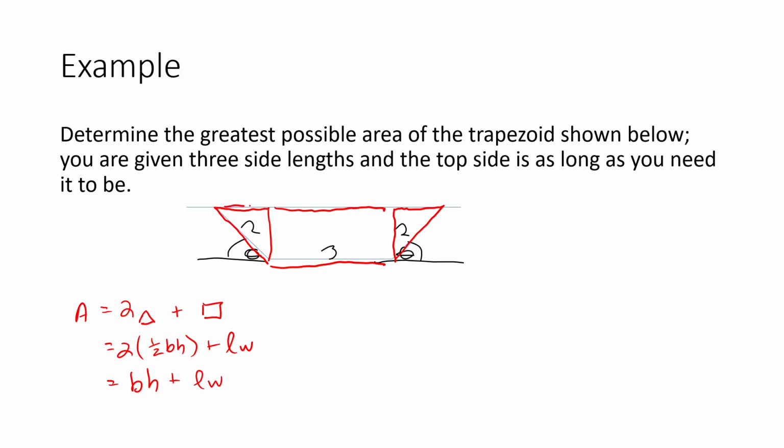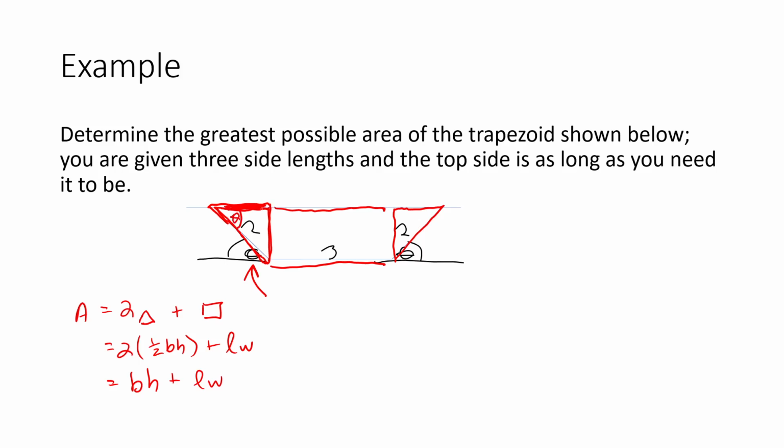Now, we'll let the base be this length along the top. Focus your attention on this triangle, the one on the left. Because theta is equal to that angle right there, theta is also equal to that angle at the top part of that triangle.